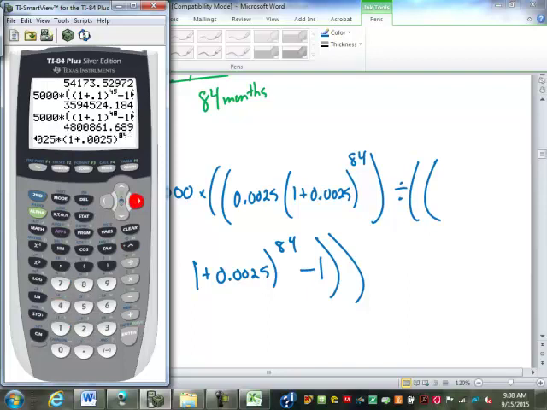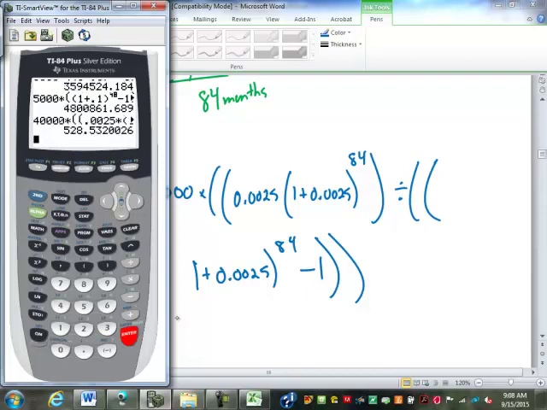Close my parentheses, divided by two sets of parentheses, 1 plus 0.0025, close, power of 84, minus 1, close and close. Anybody want to guess? Now, 3% it helps. If you bump that up to like a 9% interest, it's really nasty. But I'm guessing it's roughly, well, $530 a month is all it is.